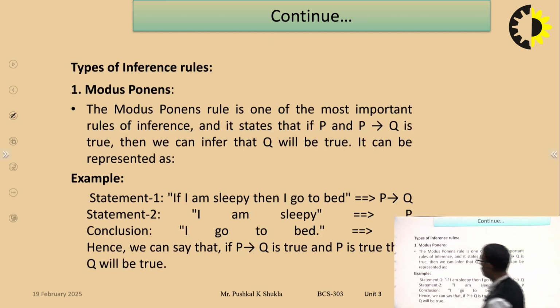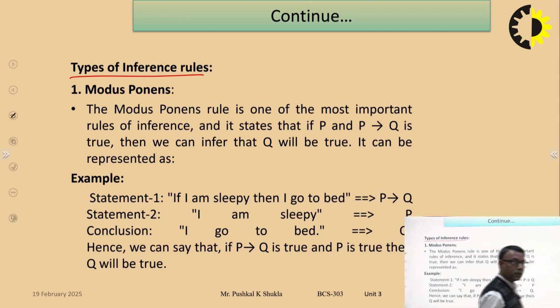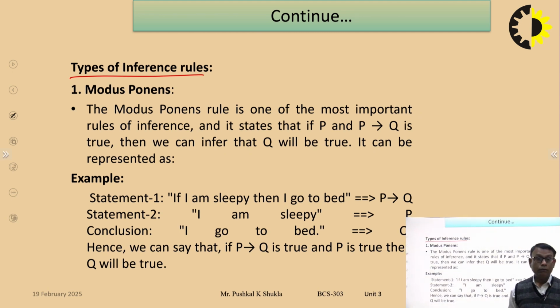Types of inference rules. Inference rules are basically rules by which we can generate valid sentences based on the premises, based on the evidence, existing arguments. We can create new sentences with the help of inference rules.